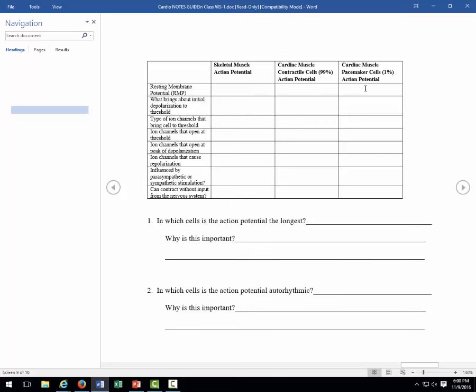So if we compare these across the board, what is the resting membrane potential of skeletal muscle cells? In your textbook, it differs from textbook to textbook, but it's in chapter 9 of your textbook. Do you remember what it was? It's -70 for nervous system cells because we need more rapid response. But in skeletal muscle cells, it's actually -90.